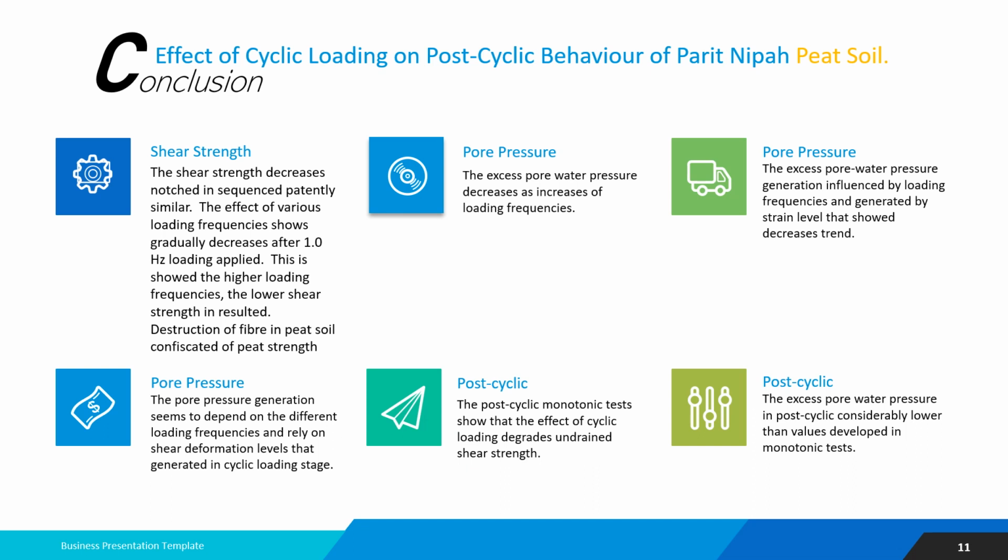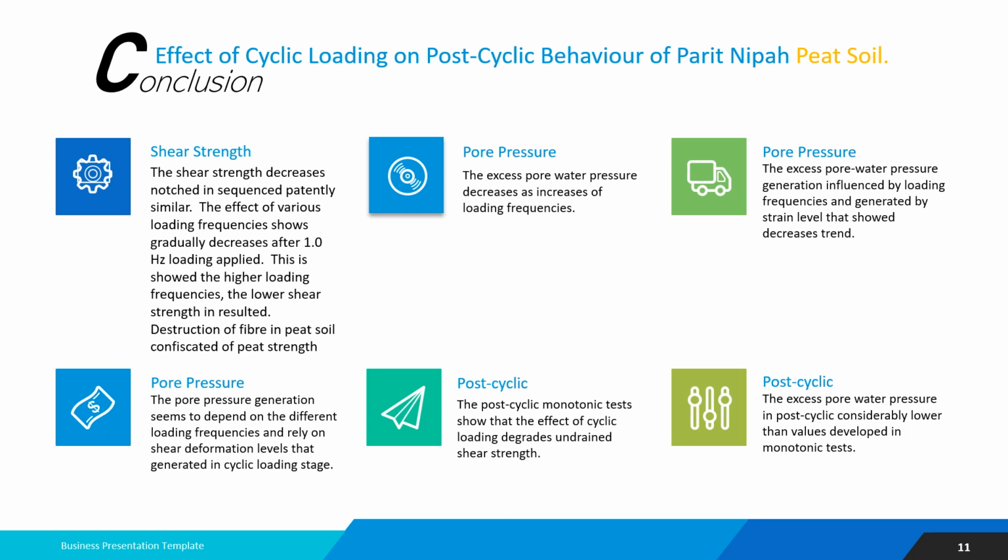The effect of various loading frequencies shows a gradual decrease after 1 Hz loading is applied, and this shows that the higher the loading frequency, the lower the shear strength, resulting in destruction of fiber in peat soil, which compromises peat strength. And number 2, the excess pore water pressure decreases as loading frequencies increase.